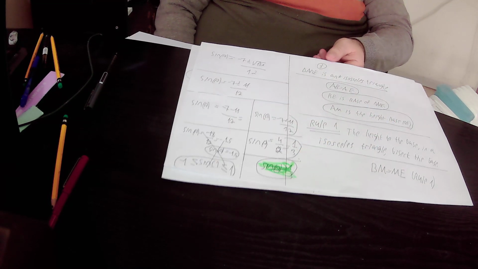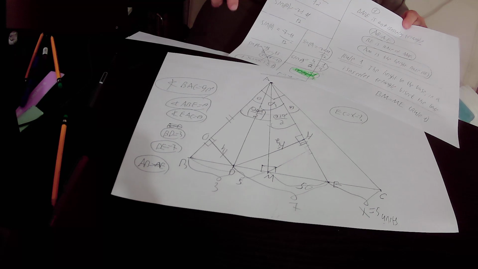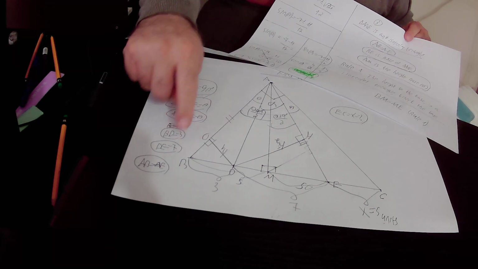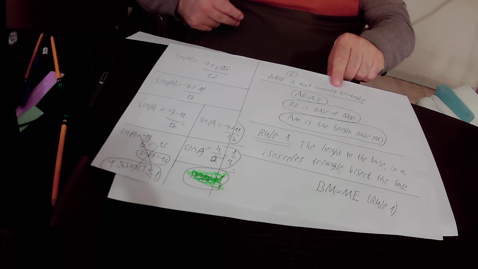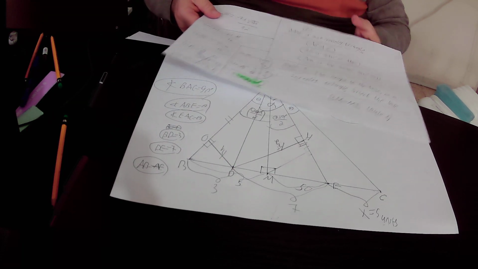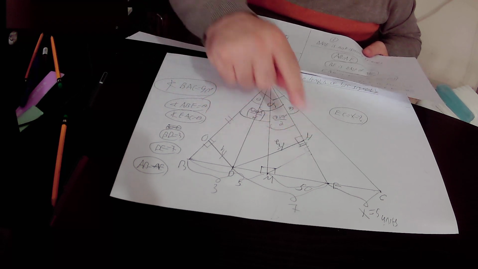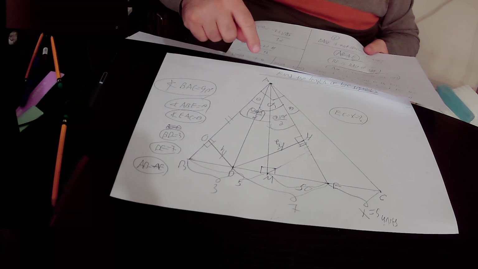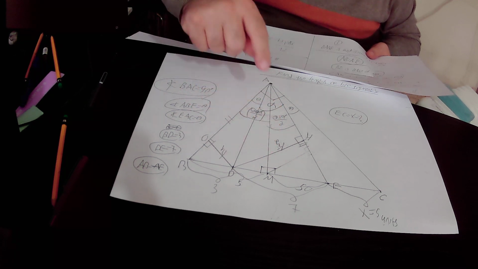Then triangle ABE is an isosceles triangle because side AB equals side AE. And BE is the base of the isosceles triangle ABE, and AM is the height to the base. Why? Because it is perpendicular to the base BE.